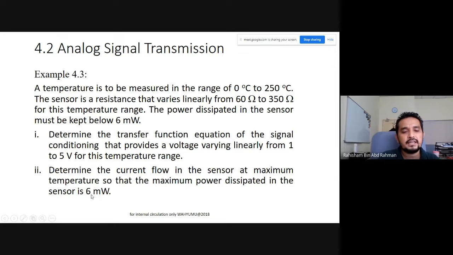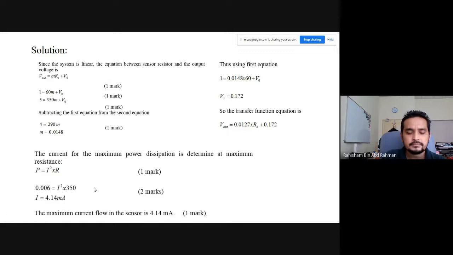We don't want the values to exceed 6 milliwatt. So 6 milliwatt equals I squared times 350, because it's the maximum. So we will have the current as 4.14 milliamps. So the maximum current flow is 4.14.